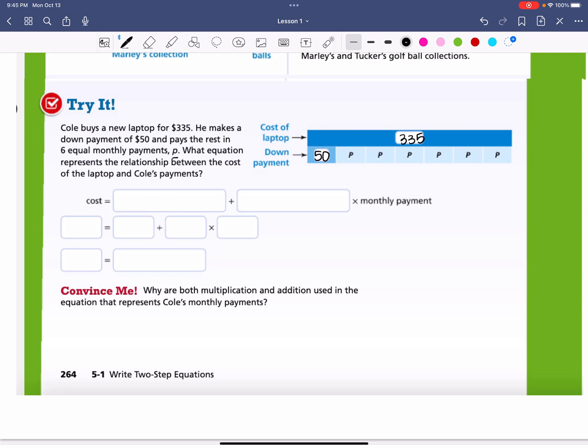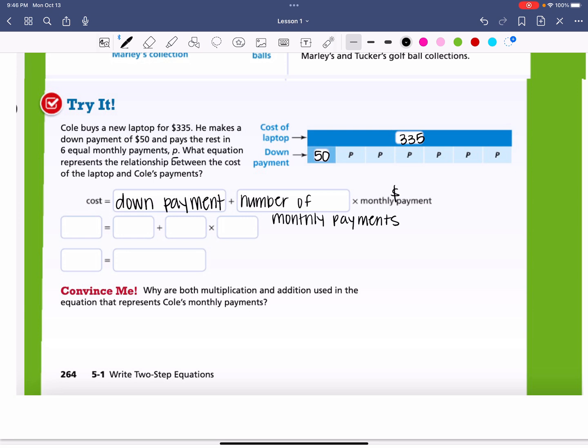So the cost is going to be the down payment, which was $50, plus the number of payments, we'll say monthly payments, times the monthly payment, so how much it costs, the cost of the monthly payment.